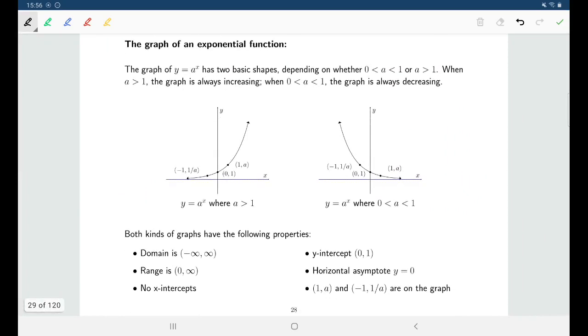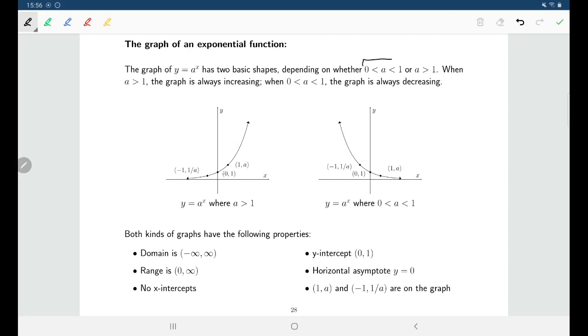Now, for graphs of exponential functions, there's two basic shapes, and it depends on what the base is. If the base is large, and by large I mean larger than 1, then it's an increasing graph. You can see as we move from left to right, the graph is trending upwards.